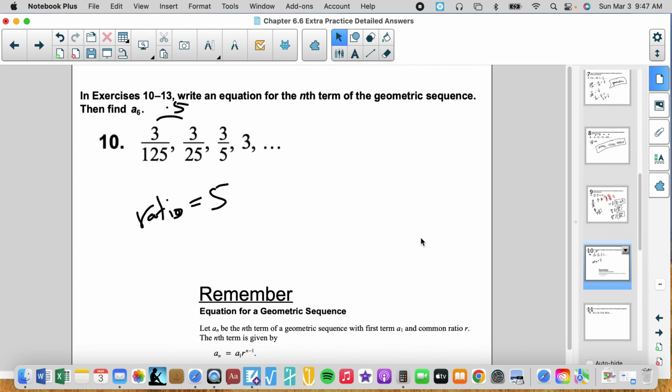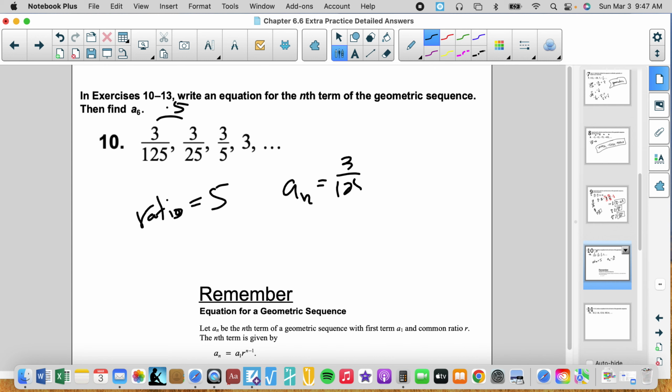So it's going to be a sub n equals a sub 1, which is 3 over 125, times the ratio, times 5, to the n minus 1. Now we can't simplify that because exponents come before multiplication.